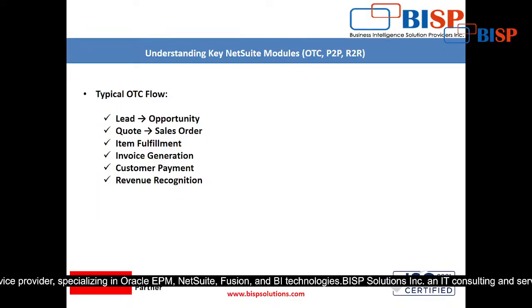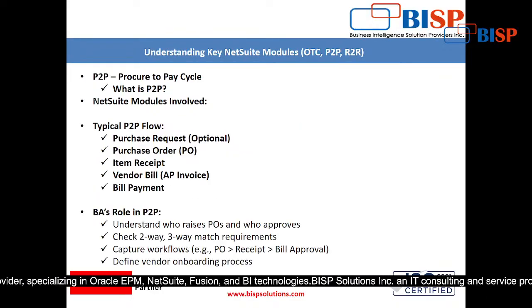Secondly, we have seen purchase to procure. In this, when we are purchasing something from the vendor, the vendor sends the item, and if they do not send it, we return the item to the vendor. So purchase to procure is a completely different scenario, right?